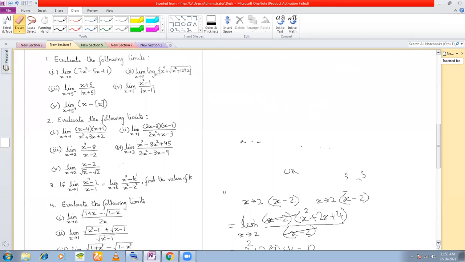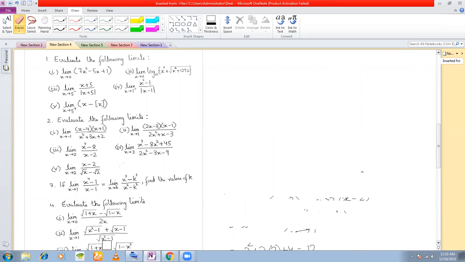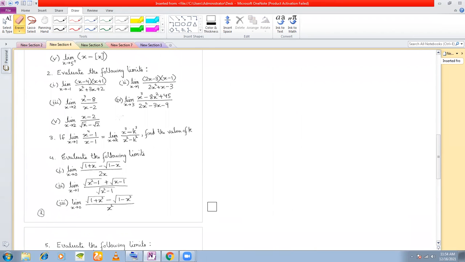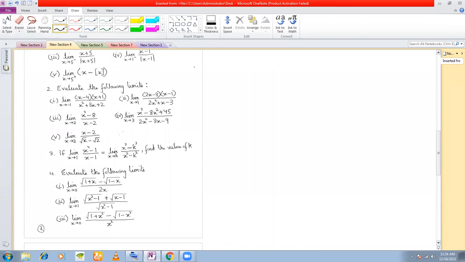Next question, part 4. The question here is, given limit x tends to 3, x cube minus 8x square plus 45 divided by 2x square minus 3x minus 9.